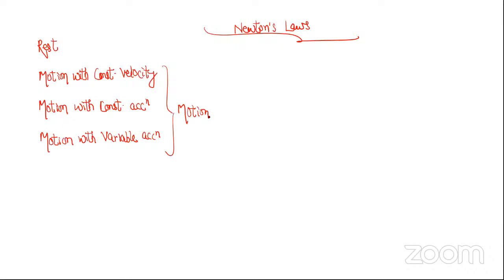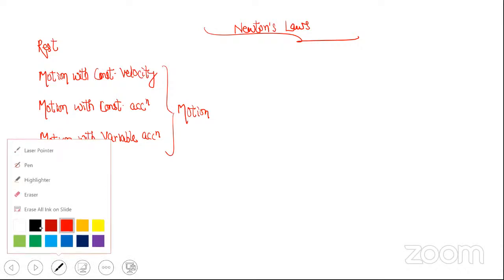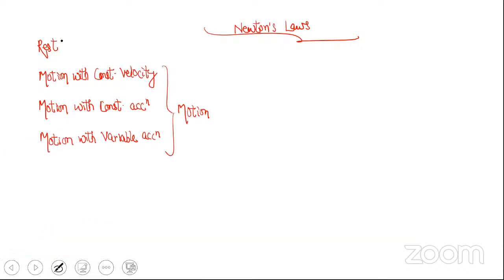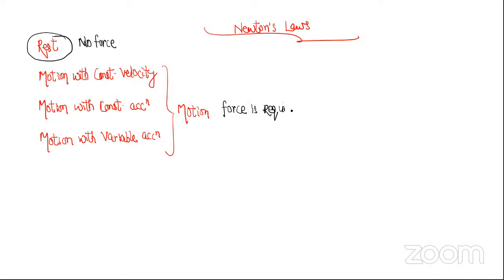Now before Newton came, people thought the wrong idea. Before Newton, people thought rest means no force, and motion means force is required. If you don't apply any force, the body will be at rest.